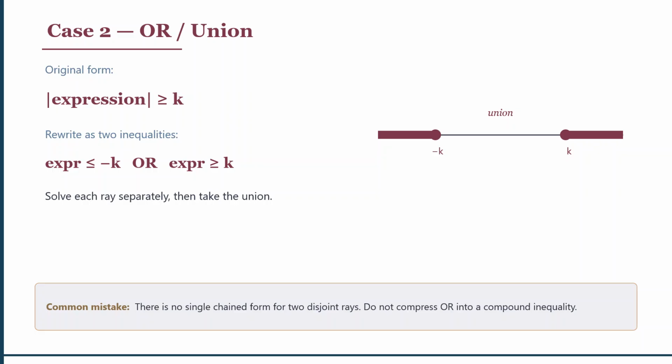Solve each one independently and report the union. Geometrically, the solution is two disjoint unbounded rays, the complement of the bounded interval from case 1. Do not try to compress these into a single chained inequality. There is no chained form for OR.